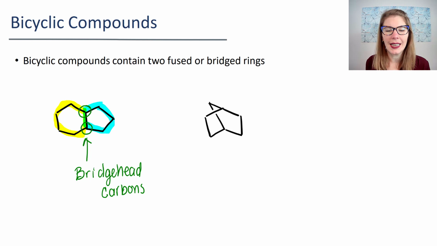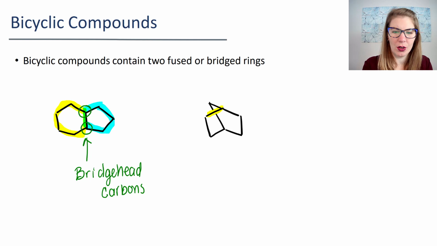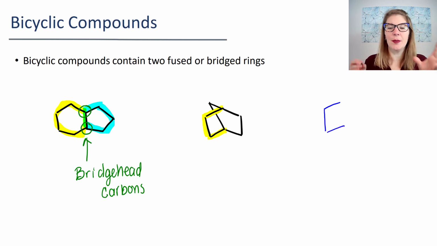For the second structure on the right, this one is a little bit more confusing, and I want to redraw it off to the side first and see if we can make sense of it. The first thing that I want to do is highlight this part in yellow and show you that this part is the beginning of our ring. And that ring is attached to this.